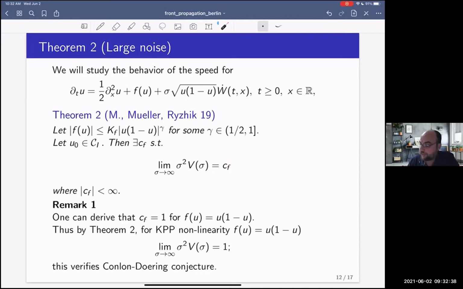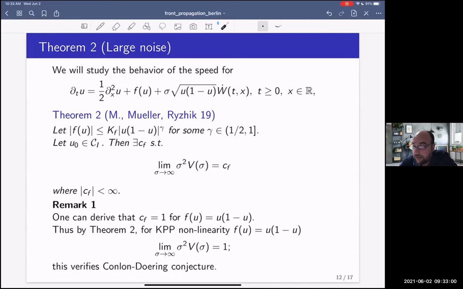And one can easily check from our expression that whenever f(u) is u(1-u), c_f equals 1, and this verifies the Conlon-Derrida conjecture. In fact, this was the motivation for our paper.